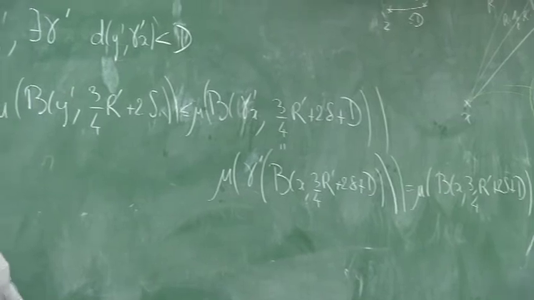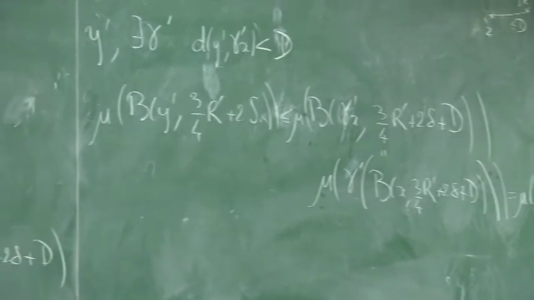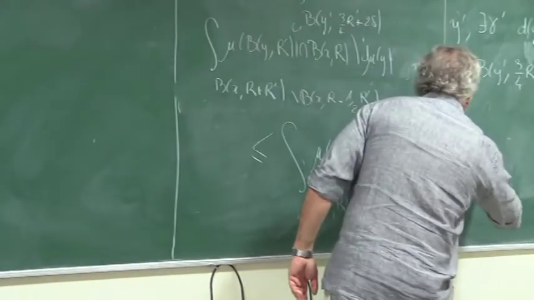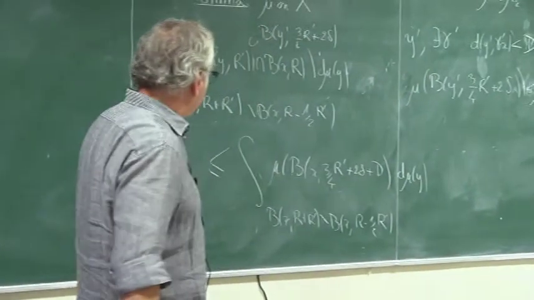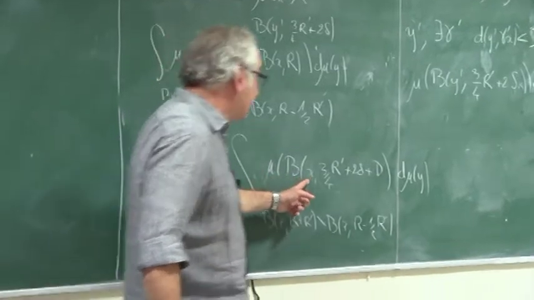Plus 2 delta plus d. Okay. But here we integrate on y, and x is fixed. So this is just a product.